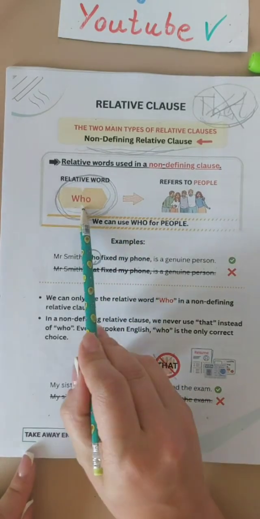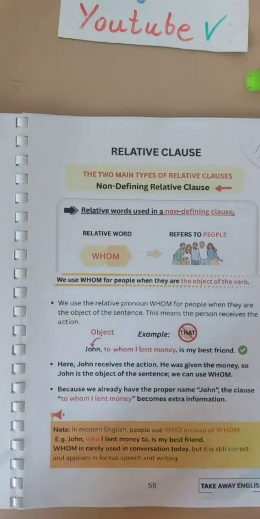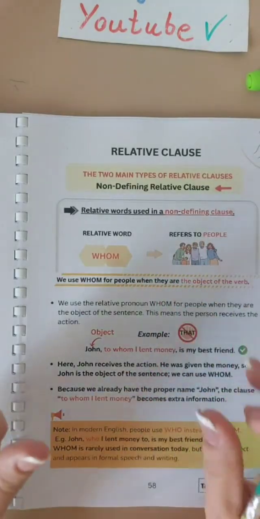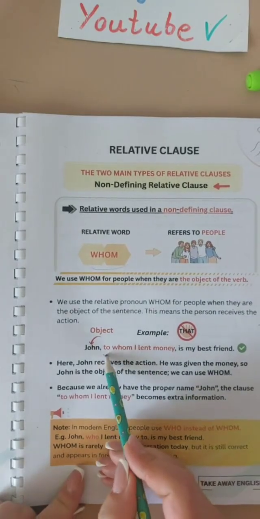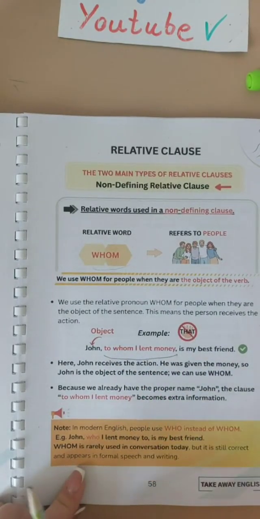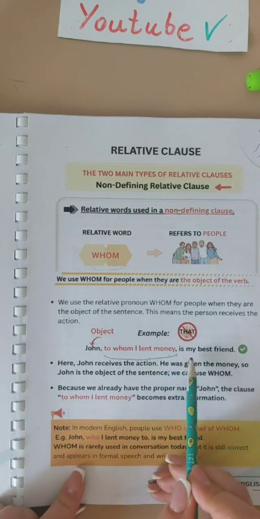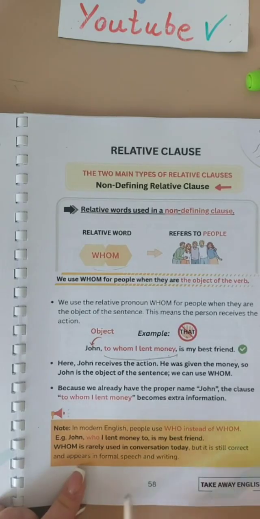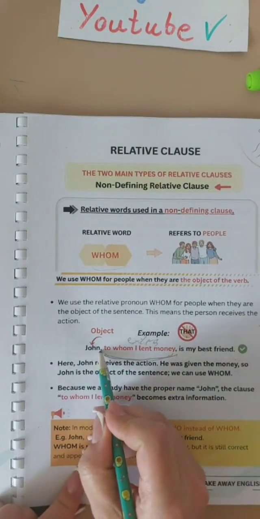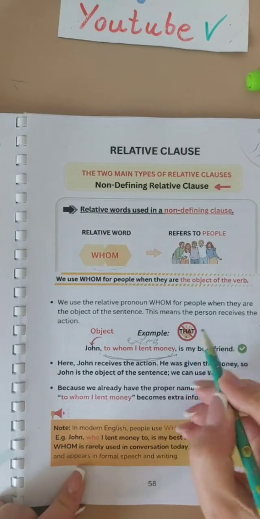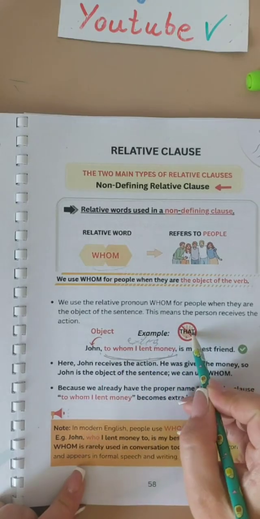For people, you have who. Now, what about whom? The same goes with whom. When we have extra information, no that. John, to whom I lent money, is my best friend. This information is extra. Commas tell you, leave that alone. Okay? You see commas, no that.